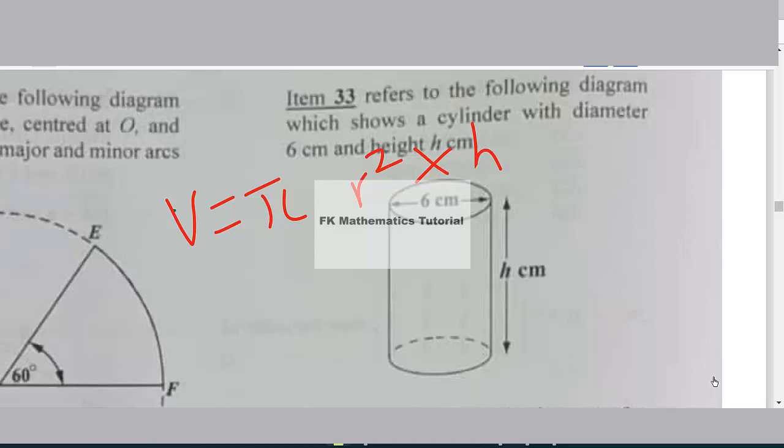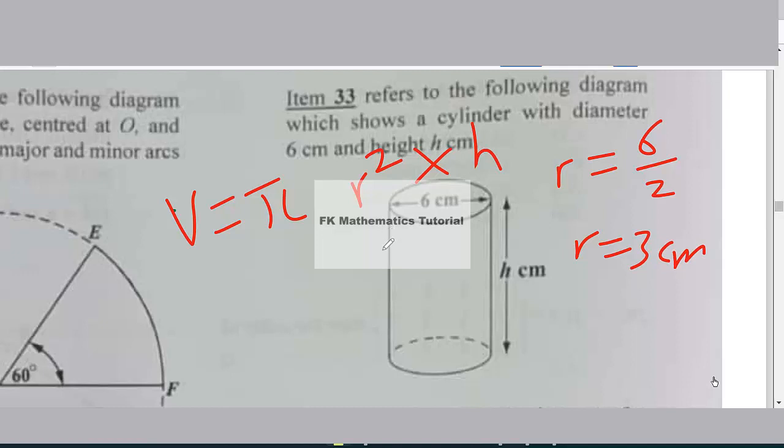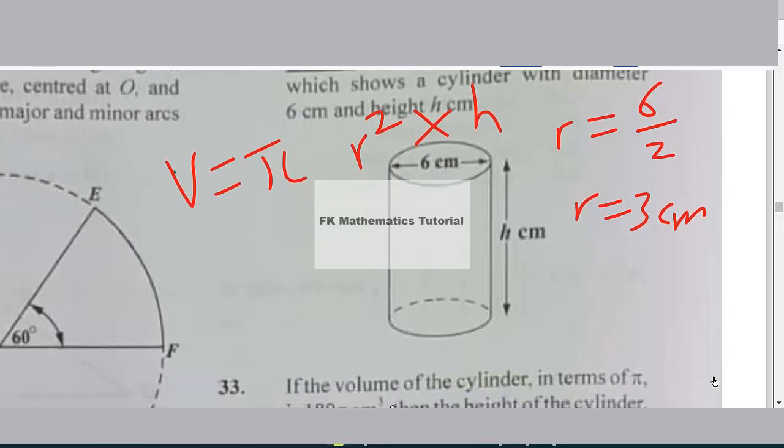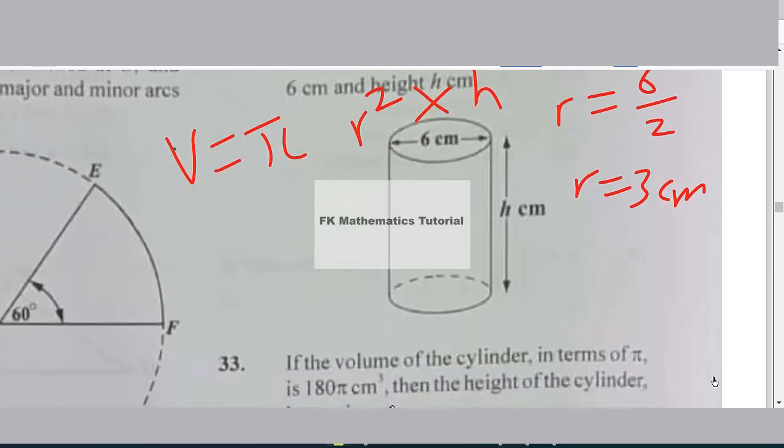We're given the diameter to be 6. So to find the radius, divide diameter by 2. So 6 by 2 will give you 3 centimeters. So the volume is giving us 180 pi centimeter cube.